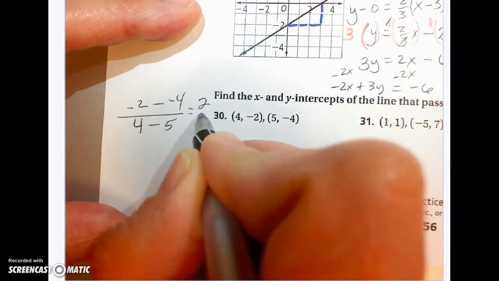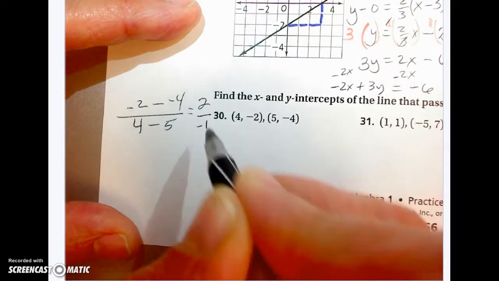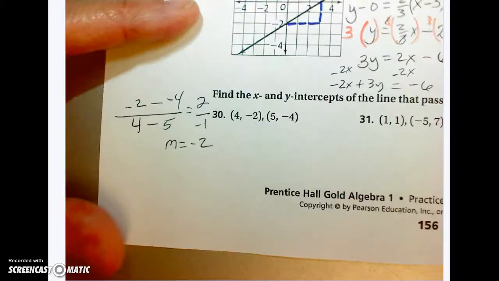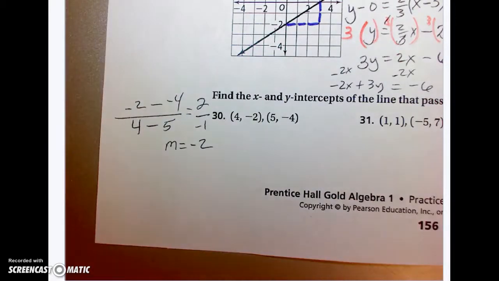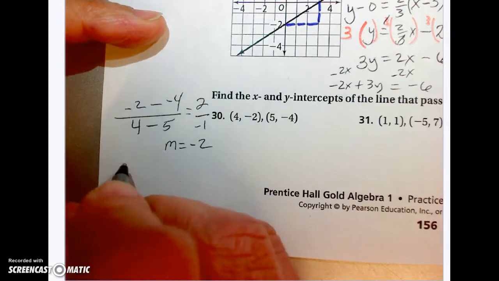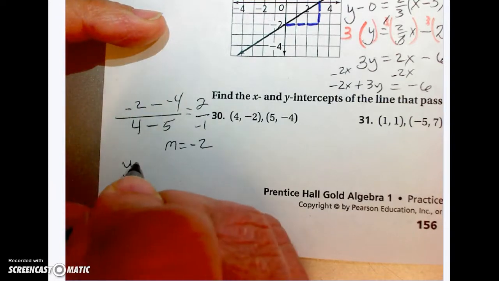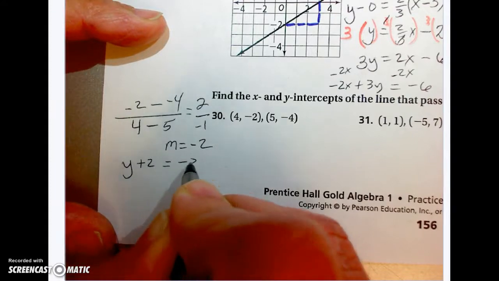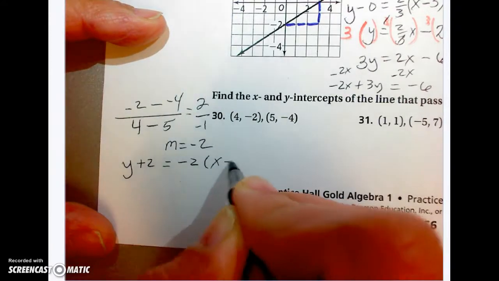And my slope is negative 2. So slope is equal to negative 2. So with my slope, I'm going to pick one of the points, y minus y1 equals my slope times x minus 4.